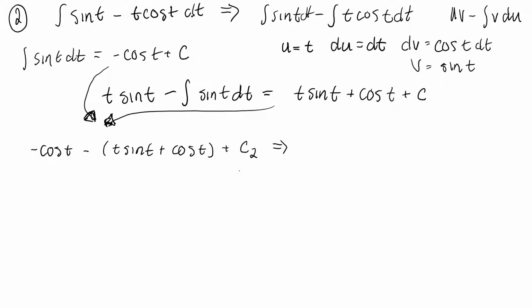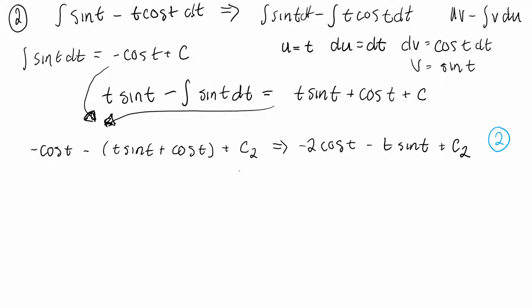And when we simplify this, we get negative 2 cosine t minus t sine t plus c2. And this is for equation 2, for the second integral.